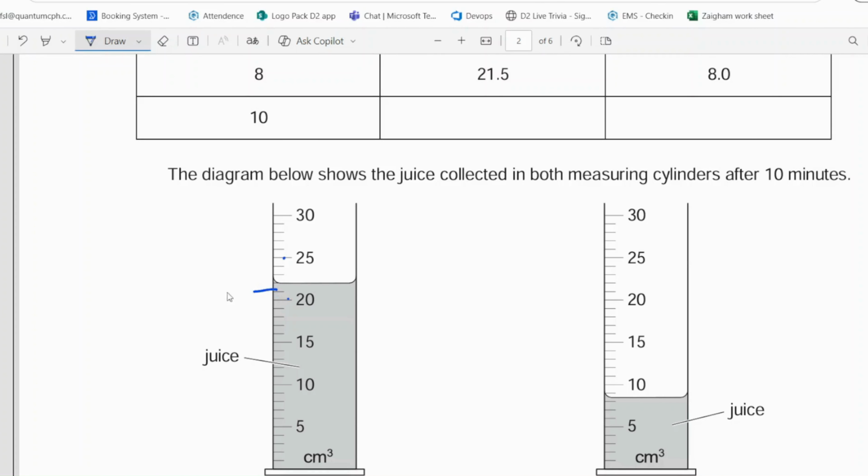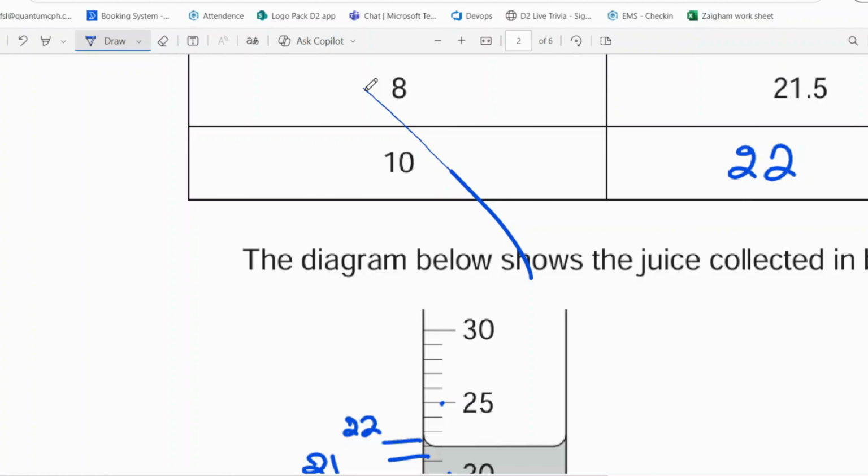Wait. This is 21. This is 22. Not 20.2. Okay, and the other one? Think again. I can make it bigger for you.